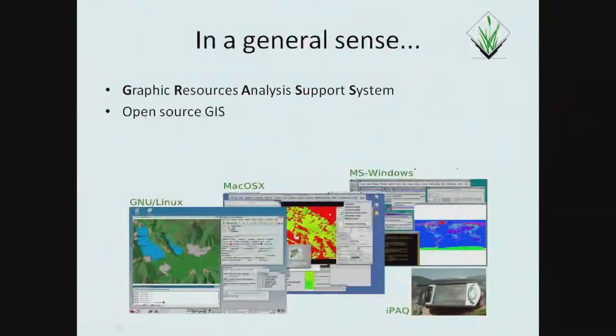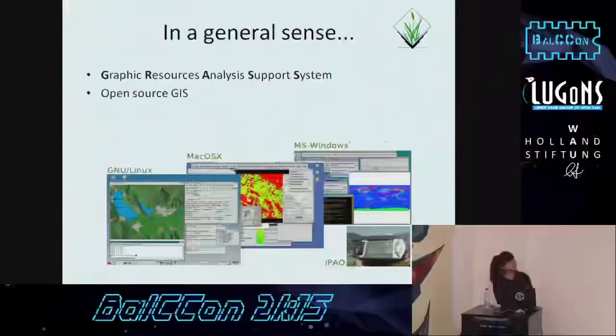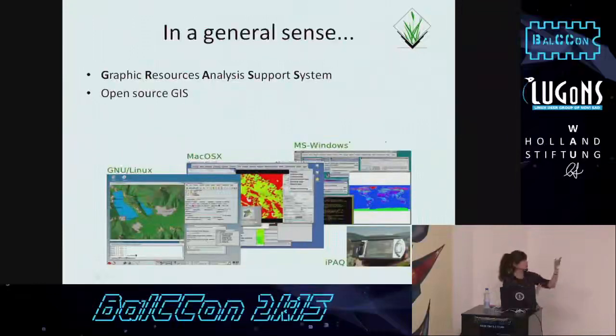It's an open source GIS system, published under the GNU General Public License since 1999. It's a portable system, and we can install it on Linux, Mac OS, MS Windows, and other devices.